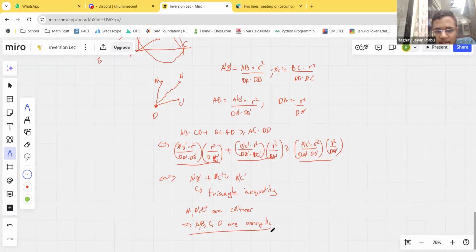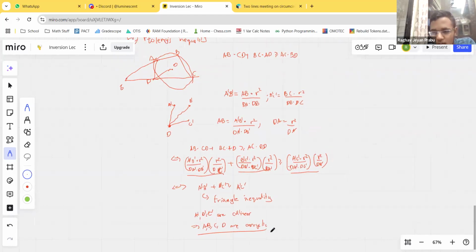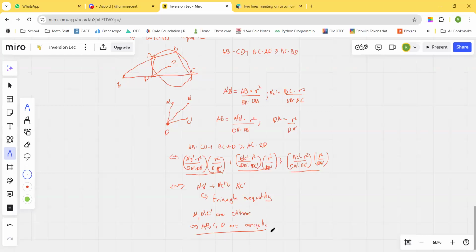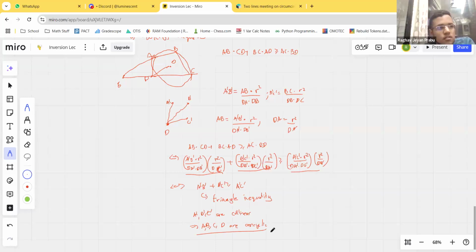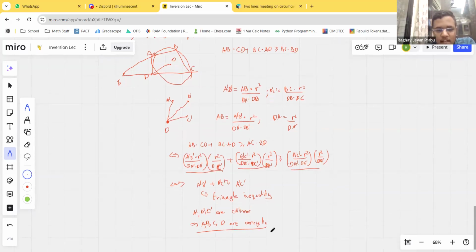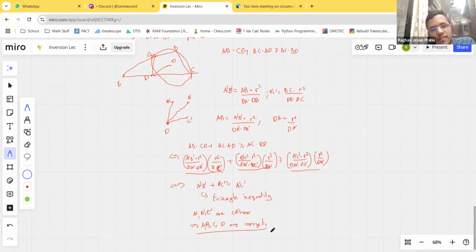Okay. So does anybody have any doubts till now? Yeah, what was the motivation of taking D as the inversion point? I don't really know the motivation as such, but when I saw the problem, it was mainly looking at the equality case where it forms a circle, right?